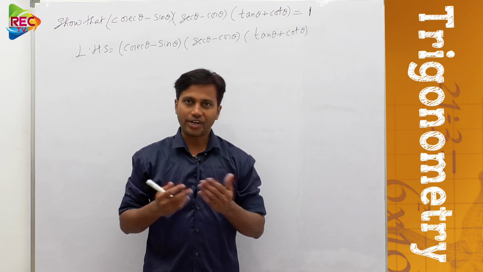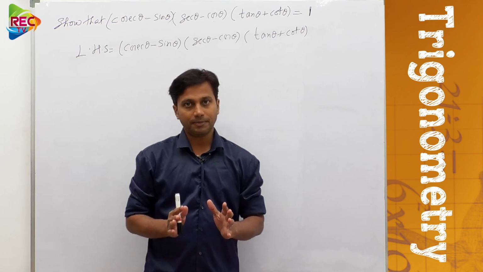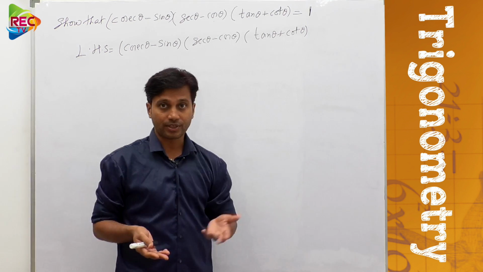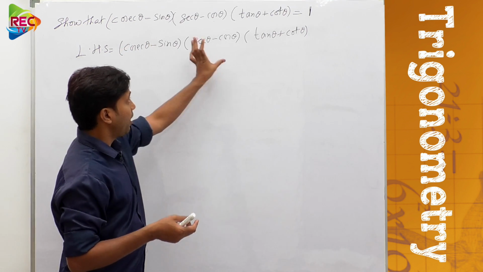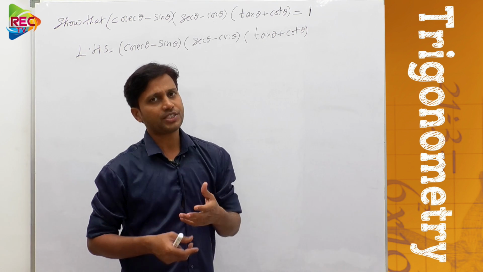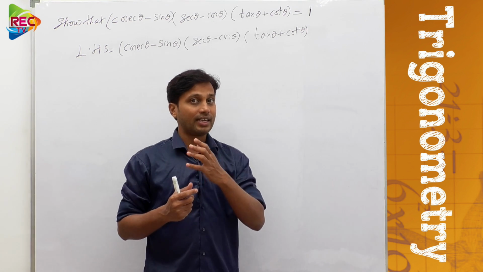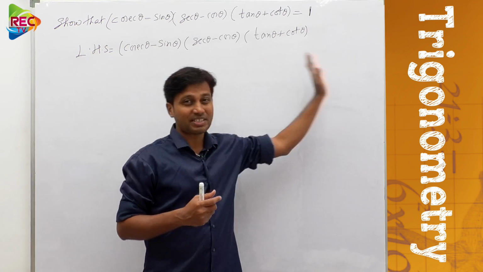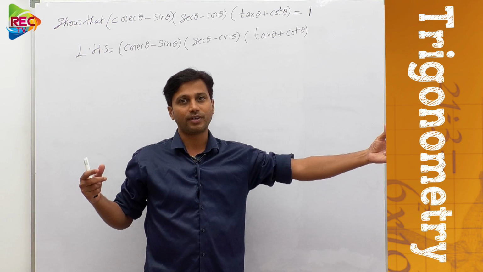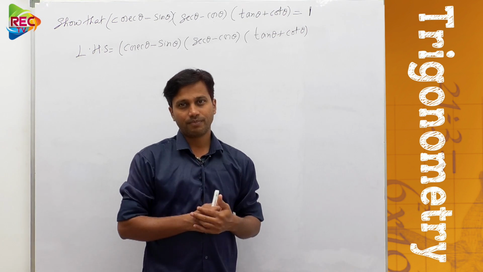Now, generally what is your idea to do? In this position a student generally thinks that we need to multiply all these three expressions. But just imagine what happens if you do the multiplication. It results in a huge trigonometric expression, which is very clumsy to solve.